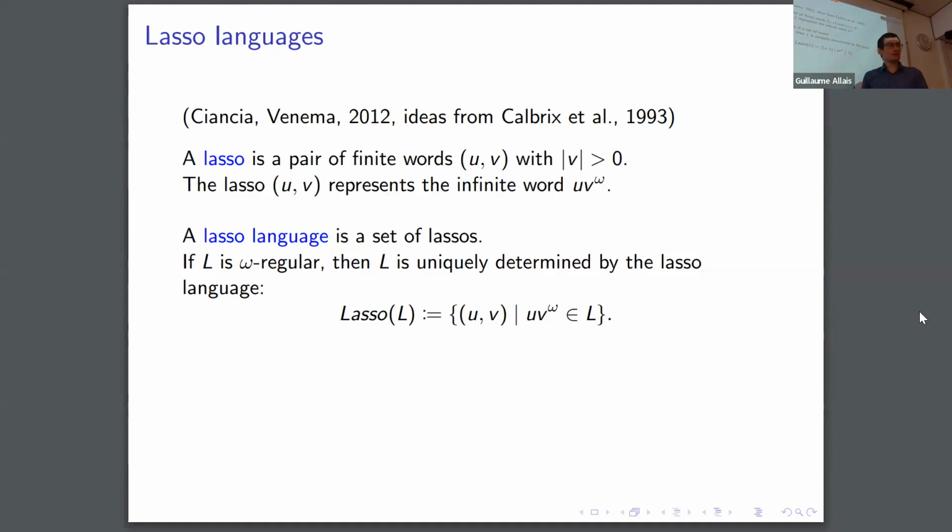And then by the statement from the last slide, if we're able to characterize this lasso set of L, we immediately know what L is. I mean, we have determined it uniquely. Maybe we don't know exactly what it looks like, but it's at least determined.